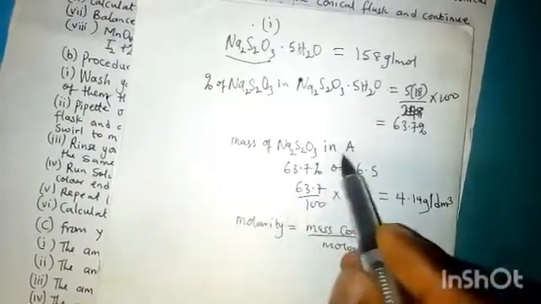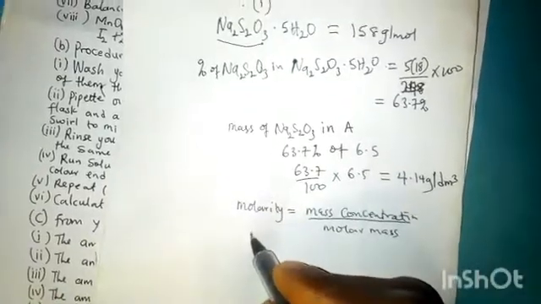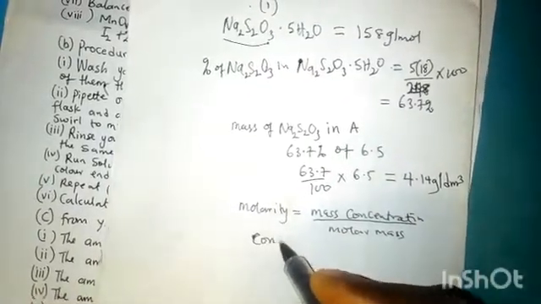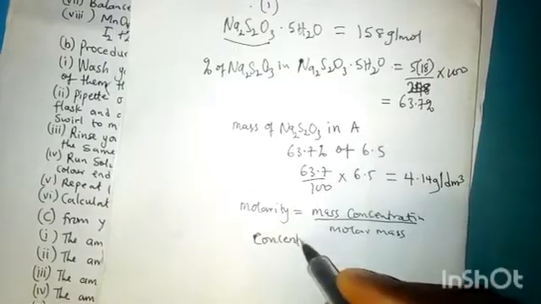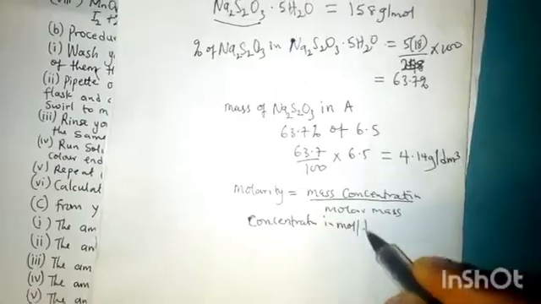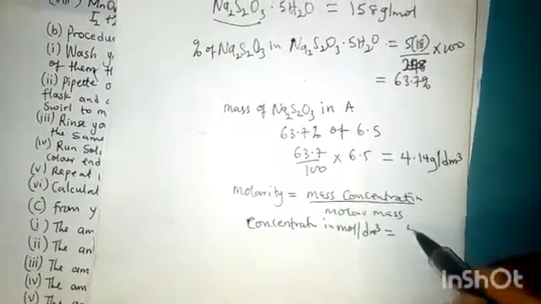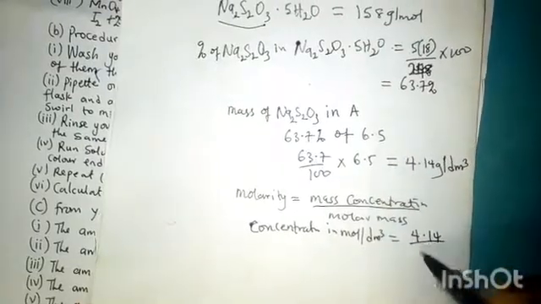So the concentration in mole per dm cube is 4.14 over 158.